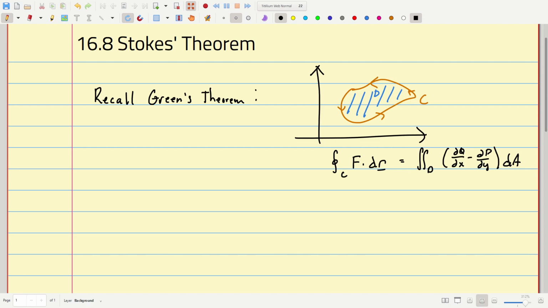Okay, so we have this kind of expression. All right. This, of course, works because we are imagining that F is given by those component functions. Okay.